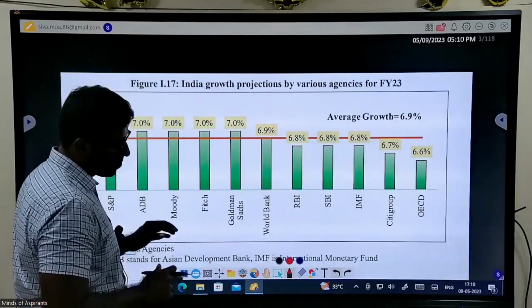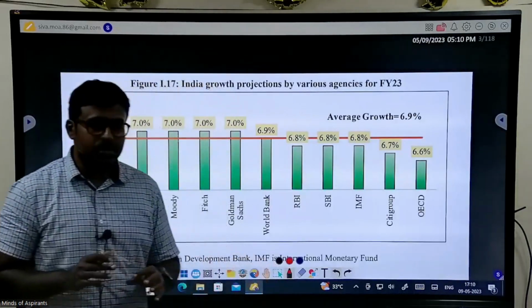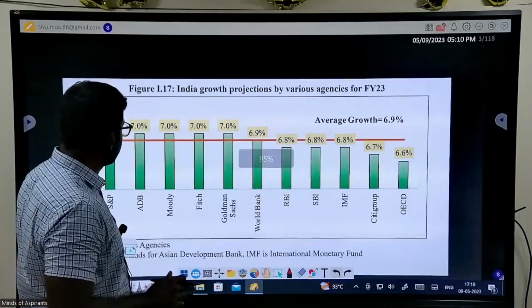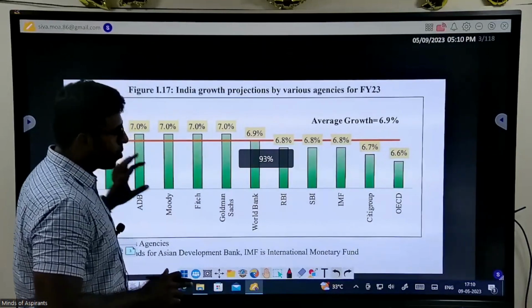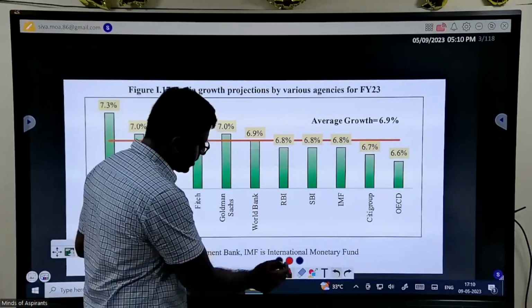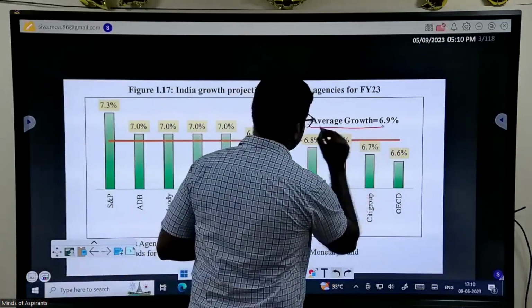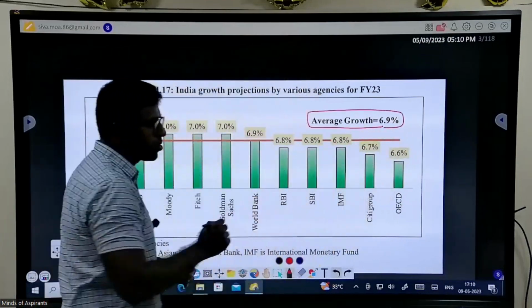The first thing with the economic survey: you should always think about how these data can be derived into questions. This kind of question is not that relevant to UPSC.